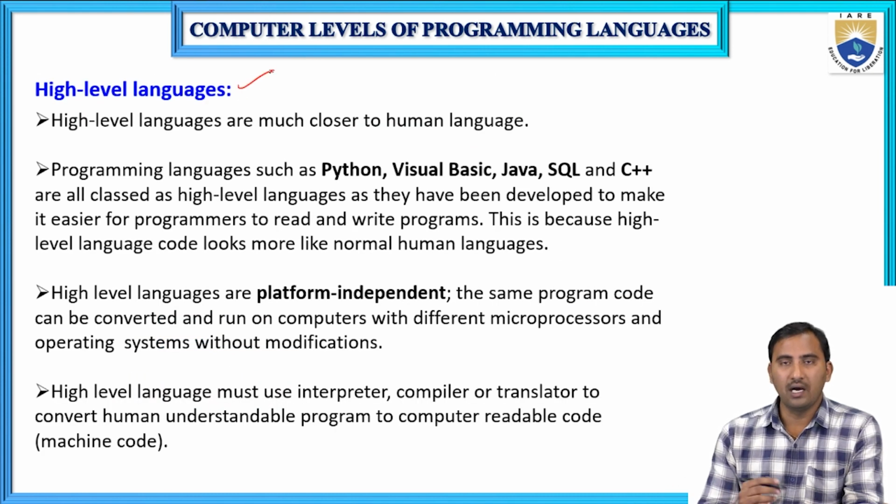Let's start with the high level language. High level languages are very close to the human language. That means in a high level language, we write the program simply by using some English keywords. So that's why a high level language can be considered very similar to the human language.